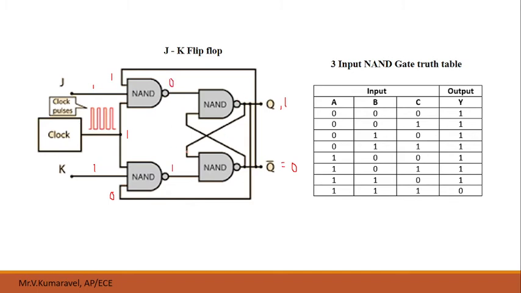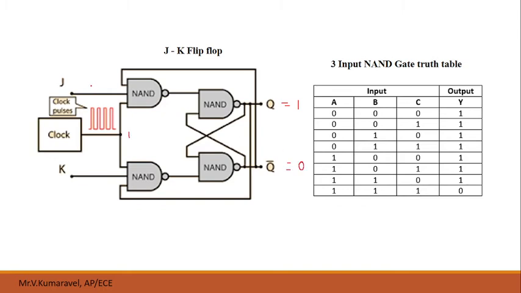Now this 1 comes here, here it is 0. Oh sorry, I made a mistake. Okay, sorry. So let us consider this is 1, this is 0.